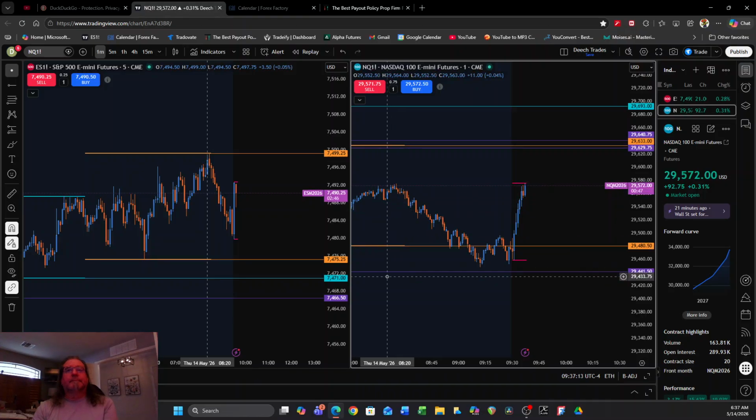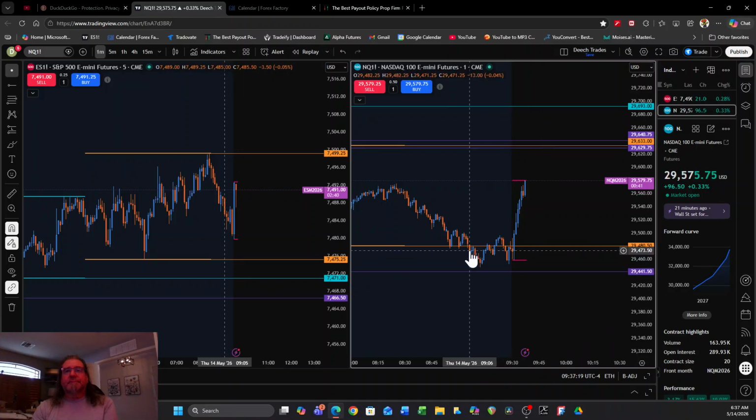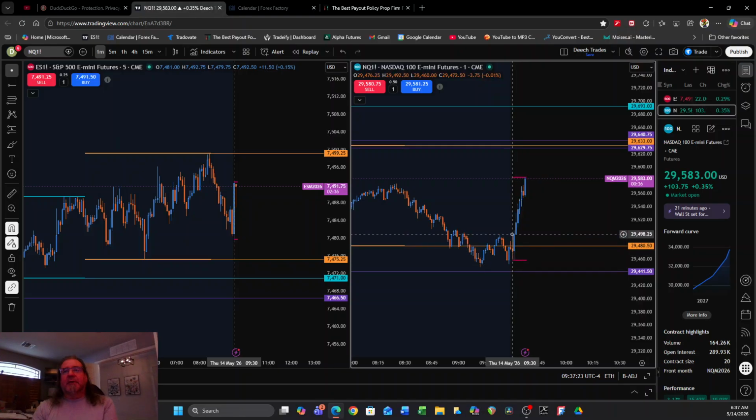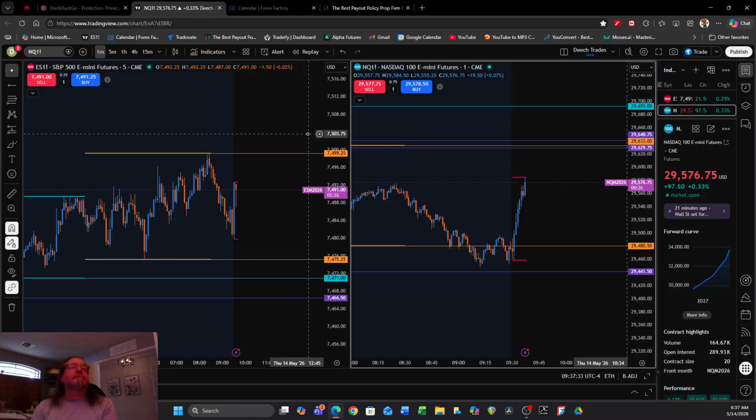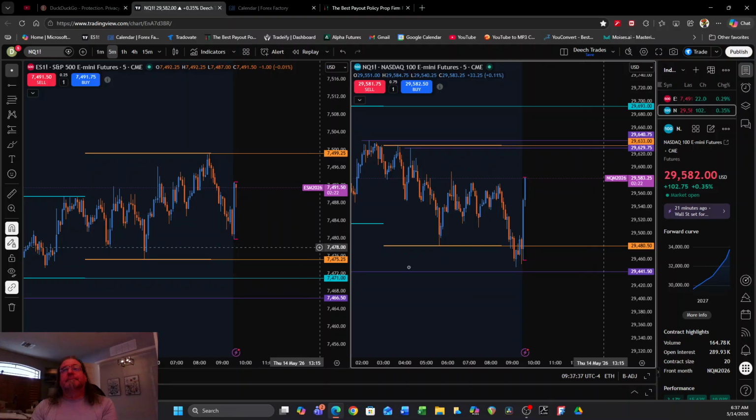That actually would have been a good move right there. Came down, up, break of structure on the 1 minute, take the trade there. That would have been a good move. It's all right.